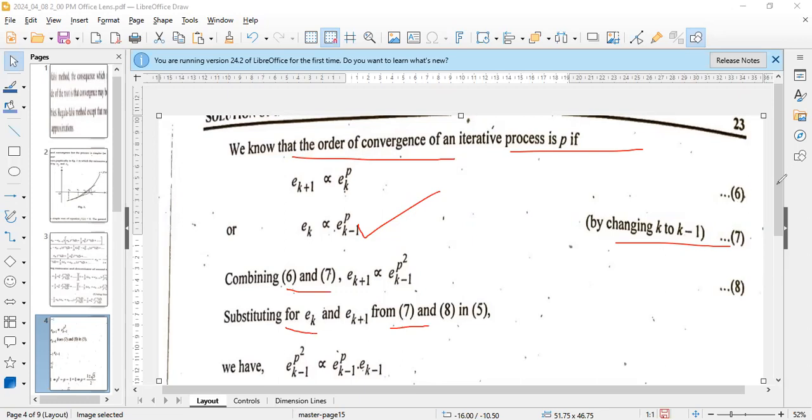we have 7, 8 and 5. Now this is our seventh equation, this one equation number 7, this one the equation number 8, and this one is the equation number 6. In previous we have written the equation number 5.